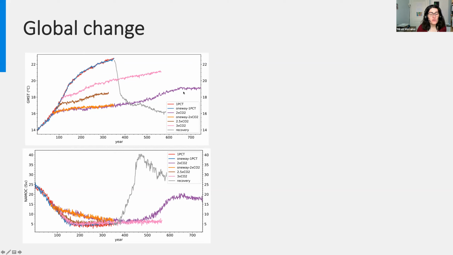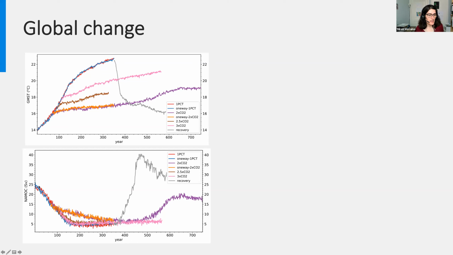And in 2 times CO2, there is some breaking of the rules, because we see a first trend until stabilization at 2 times CO2, a second trend, and then a third trend. So there is an acceleration in the warming, and this is coincidental with recovery of the NAMOC.